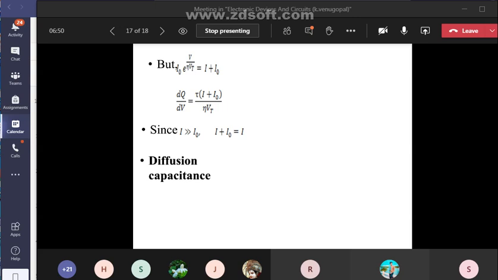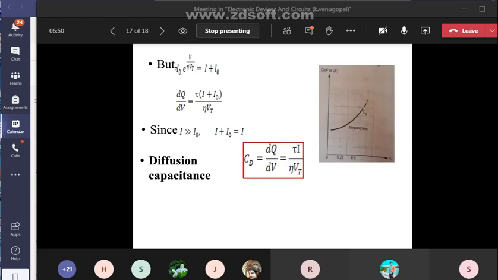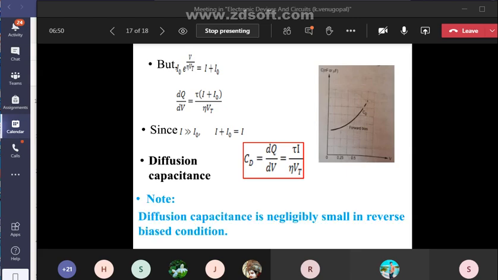Since I is greater than I naught, we can write the diffusion capacitance Cd equal to tau I by eta Vt. Remember these two formulas, Ct and Cd. Cd equal to dq by dv equal to tau I by eta Vt. The diffusion capacitance is negligibly small in reverse biased condition.